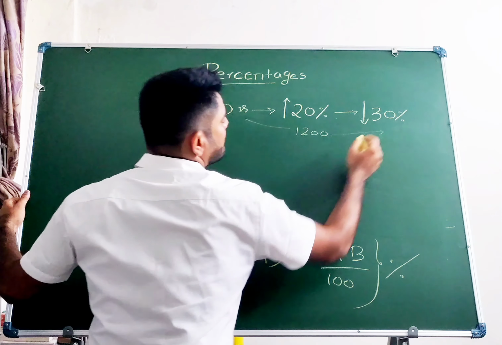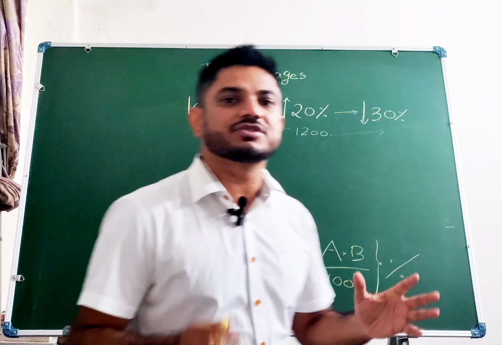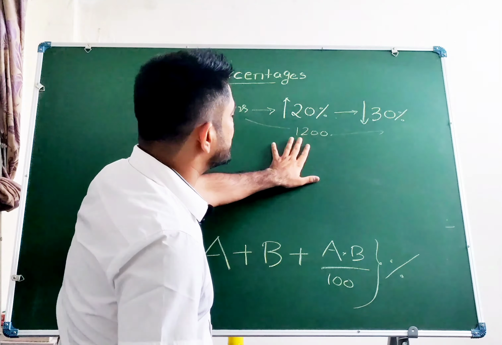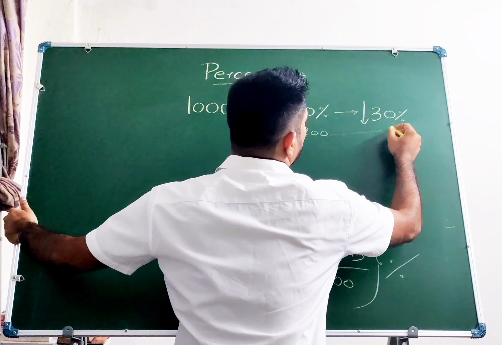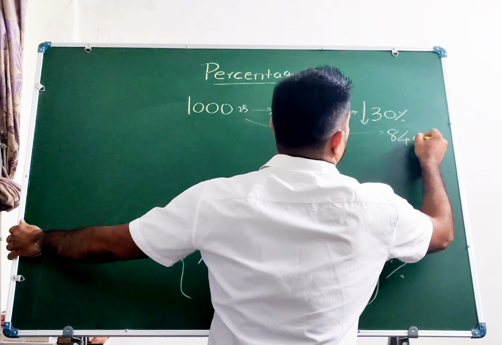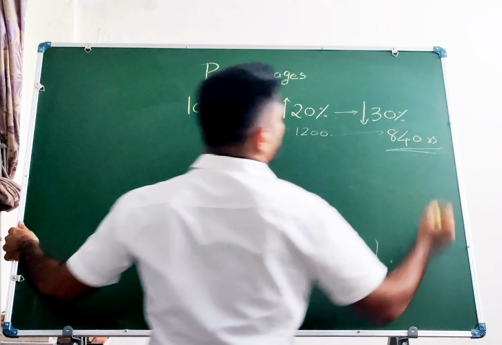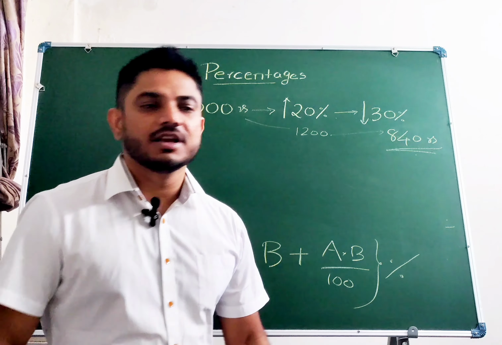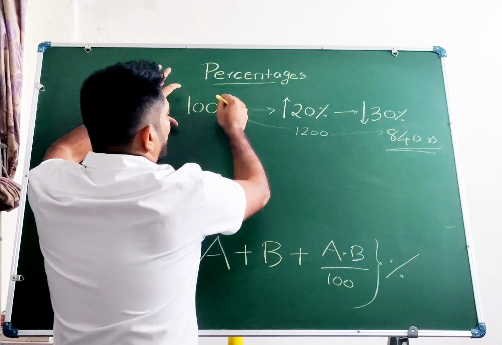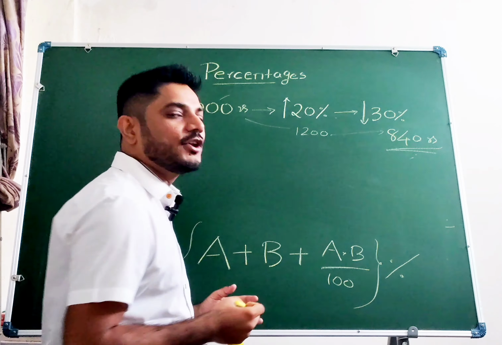Now I have to decrease it by 30%. 30% of 1200 was 360 rupees. And if I remove 360 from 1200, I'm going to get 840 rupees.